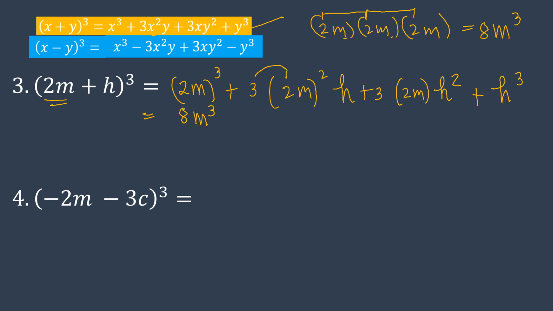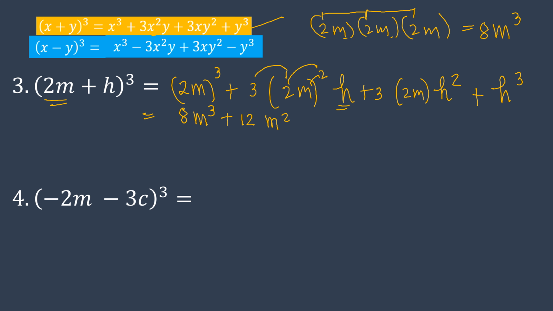So what do you mean by 2m to the power of 2? So 2 squared is already a 4. 4 times 3, it's already 12. The m will be raised to the power of 2. That will be m squared. There is an h. So therefore, you just attach the h.